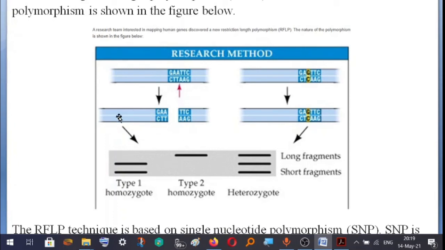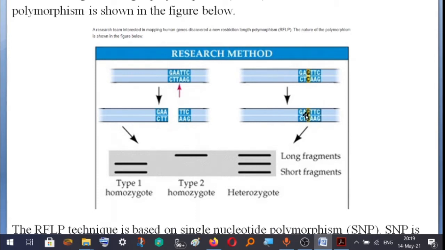The first one could be the first DNA band, and the second DNA fragment could be the second DNA band. As we have not been given the sizes of these DNA fragments, we are not sure which one is which, but we know that after cutting the DNA with the restriction enzyme, we would be seeing two different bands.